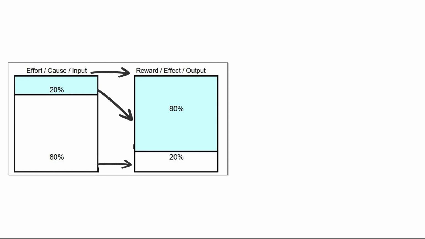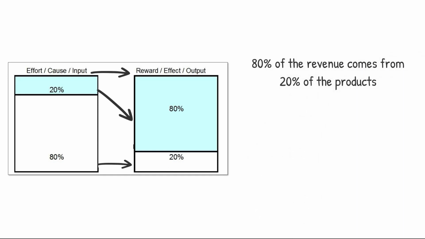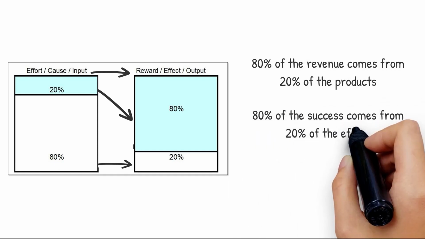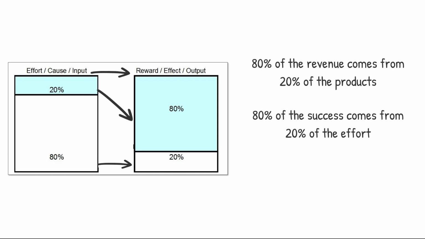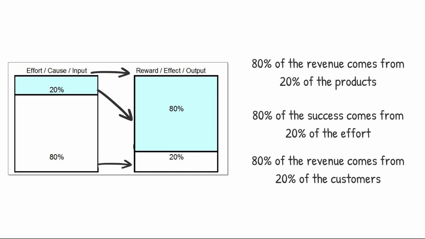For example, if 80% of the revenue comes from 20% of the products, it is important to identify that 20% of the products and monitor them continuously. The impact of the remaining 80% of the products is very less. For many organizations, 80% of their revenue typically comes from 20% of the customers.